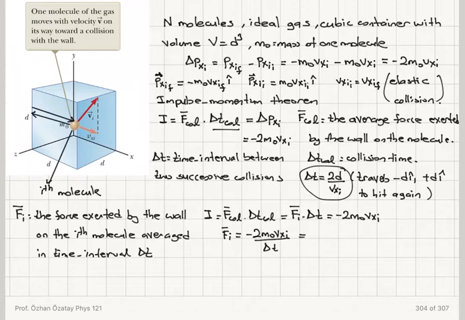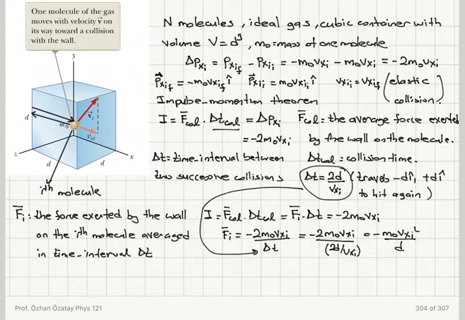So I can substitute that here, and I will find this is minus 2m0 vxi divided by 2d over vxi, so I will get minus m0 vxi squared over d for the ith molecule, the force exerted by the wall on the ith molecule. Then I ask myself, what is the average force exerted by the ith molecule on the wall?